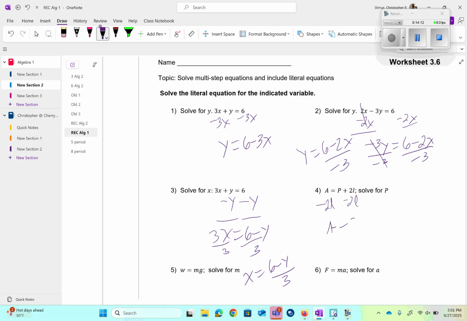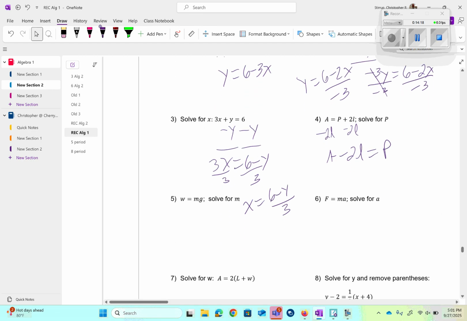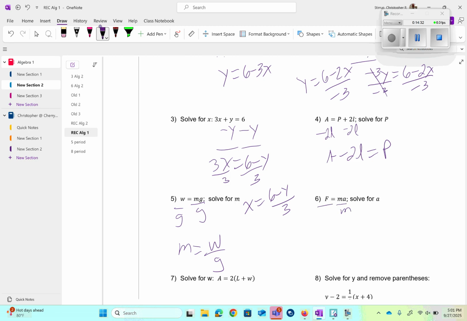So a minus 2l is equal to p. Number 5, m and g are being multiplied together, so I'm going to divide both sides by g to get m all by itself. So I find that m equals w divided by g. F equals m times a. I want a by itself, so m and a are multiplied, so I'm going to divide both sides by m.